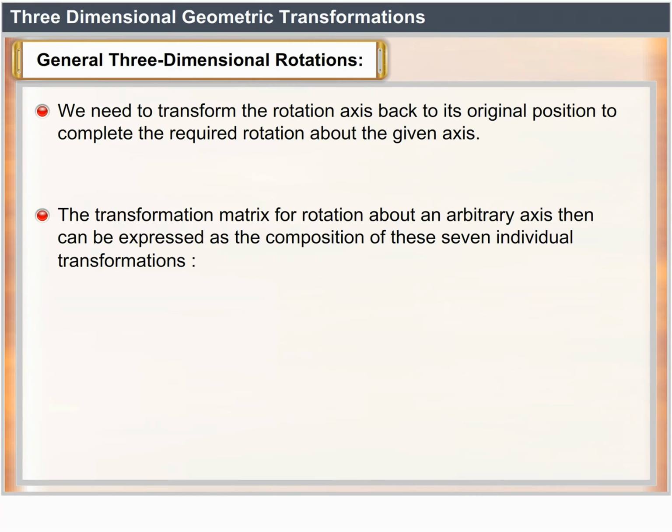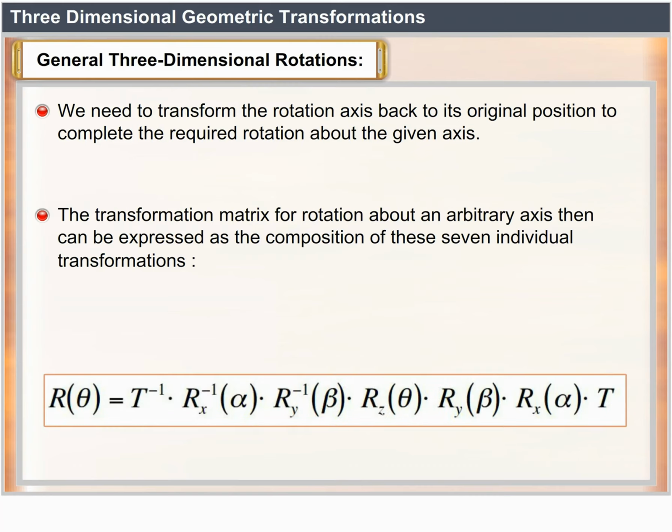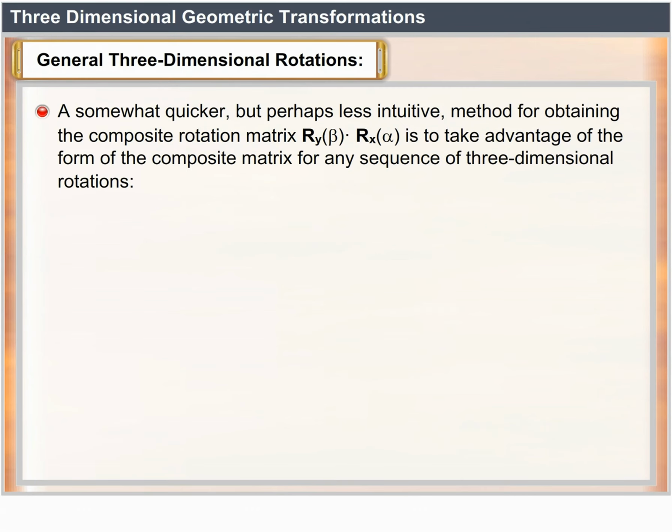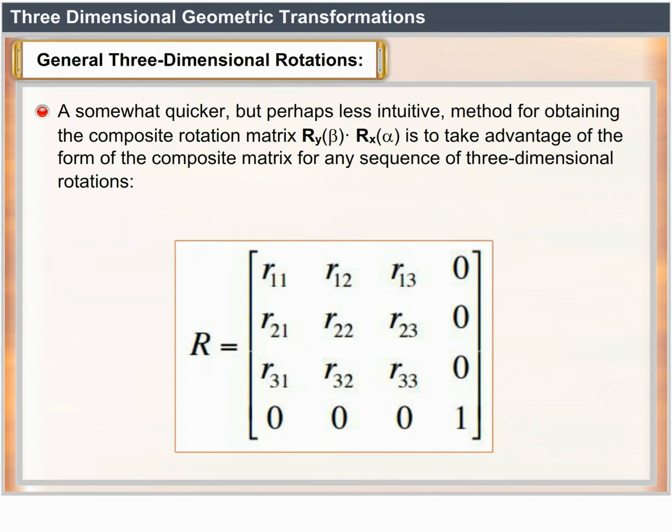A somewhat quicker but perhaps less intuitive method for obtaining the composite rotation matrix Ry(beta) Rx(alpha) is to take advantage of the form of the composite matrix for any sequence of three-dimensional rotations, as shown. The upper left 3 by 3 submatrix of this matrix is orthogonal.